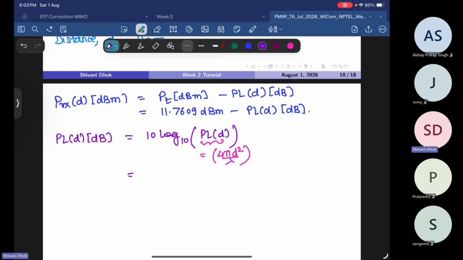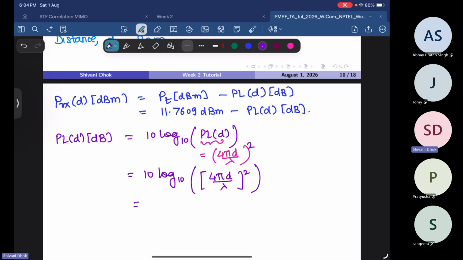So this is equal to 10 log to the base 10 of (4 pi d by lambda) whole square.